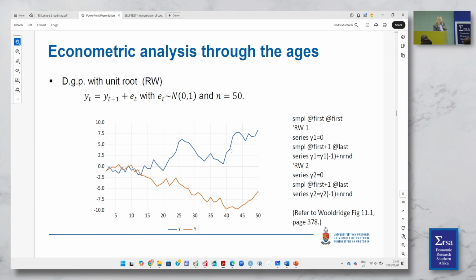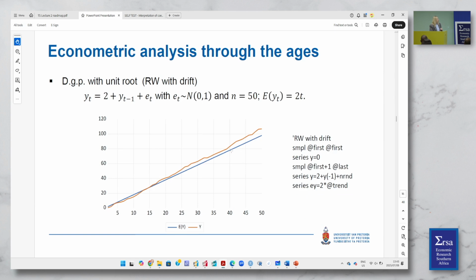And we can see that it is literally possible, if you generate this 100 times, that you will get 100 different trends, trending upwards, trending downwards, trending up and down. It's totally unexpected. But this is what we typically see when we see economic time series.